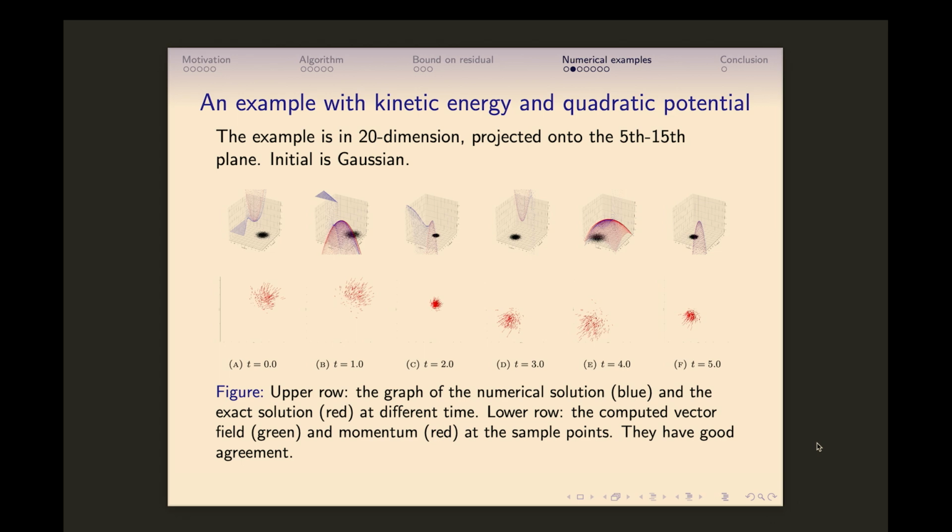You can see the red ones are the exact solution, and the blue ones are the computed solution. And you can see that at the concentration of the sample points, they agree quite well. But move away from there, and there's no agreement in that sense. And if you look at the vector field, they match pretty well similarly.